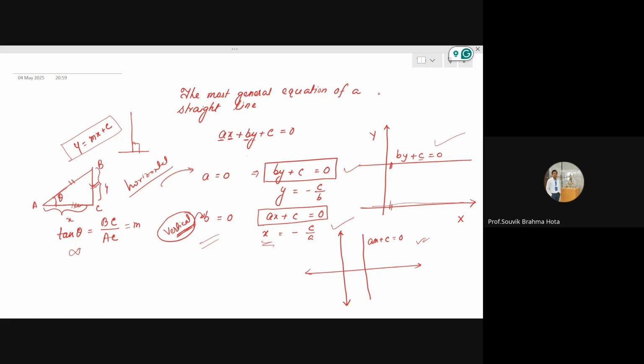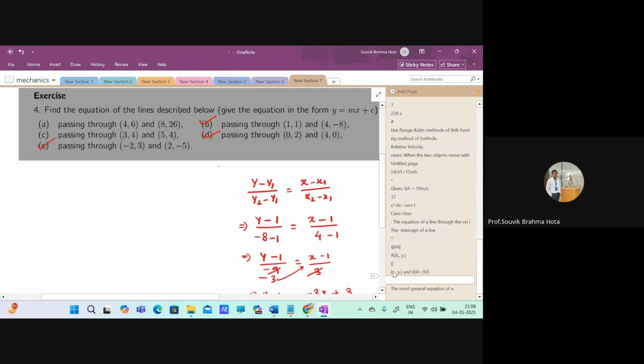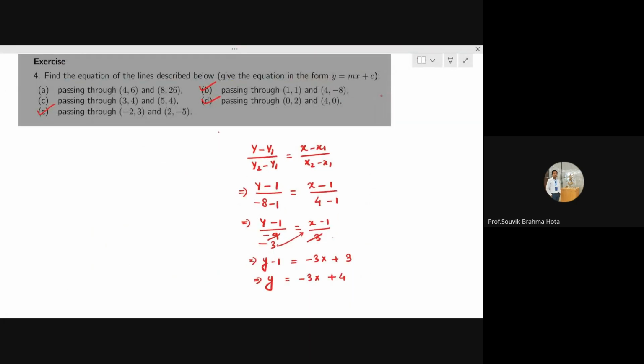Now I'll give you one general question from there. Just like we have already solved, if I take the example of exercise 4, if you practice D, take this example and practice it for the most general equation.